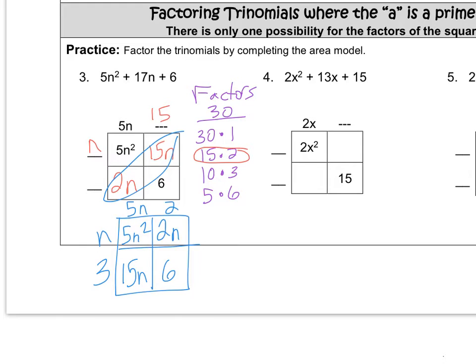And then I'm going to just verify that this order worked. 5n times 3 gives me 15n. So all of them work. So this is the proper order of my factors. So let's go ahead and write my answer. And my answer is 5n plus 2 and n plus 3.